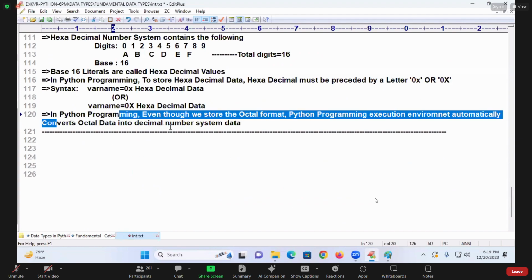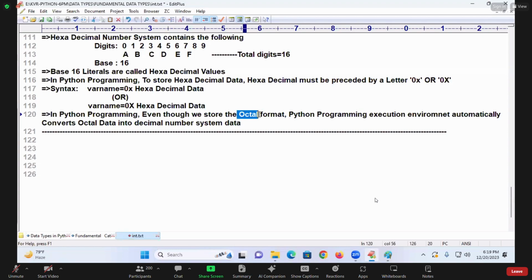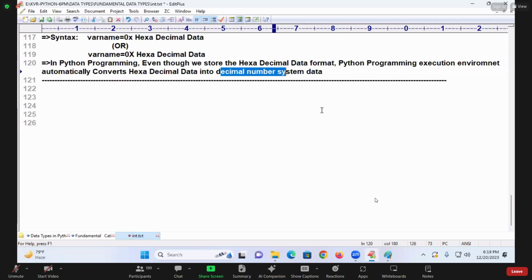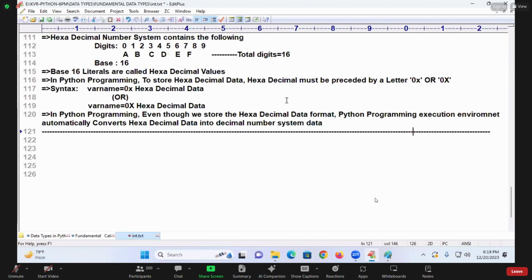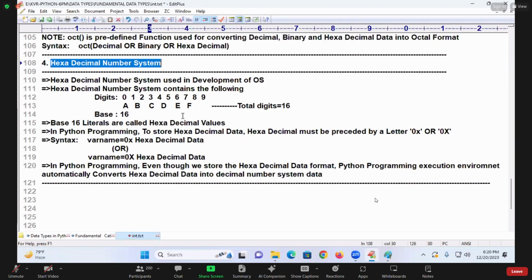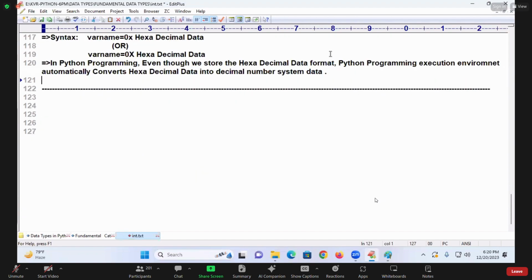In Python programming, even though we store the data in hexadecimal data format, the Python execution environment automatically converts hexadecimal data into decimal number system data. It is automatically getting converted. I hope you are following this. So this comes under hexadecimal. Now let us go to the programming.